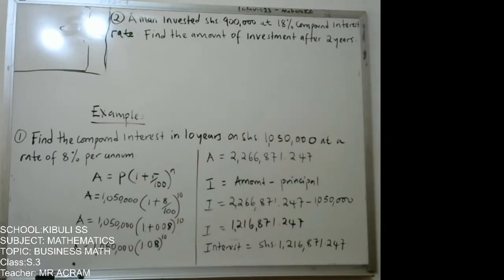So a man invested shillings 900,000 at 18% compound interest rate. Find the amount of investment after 2 years.